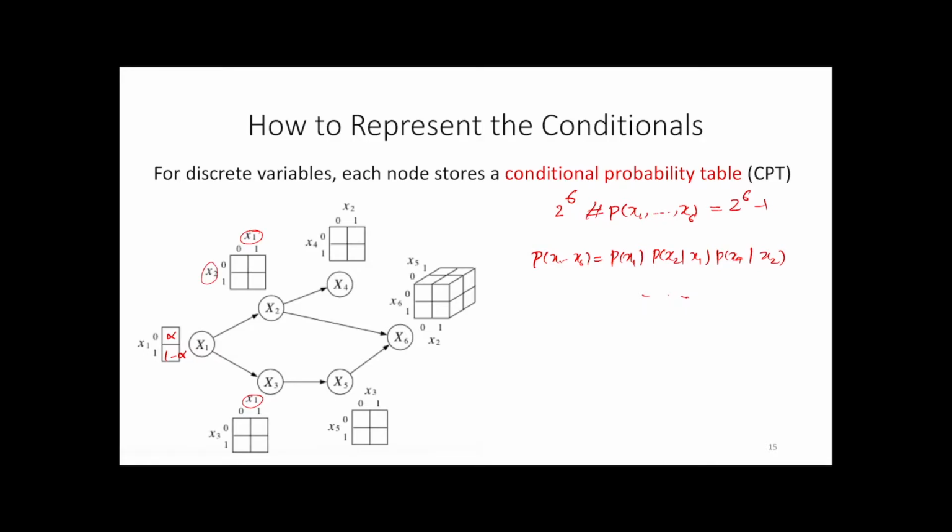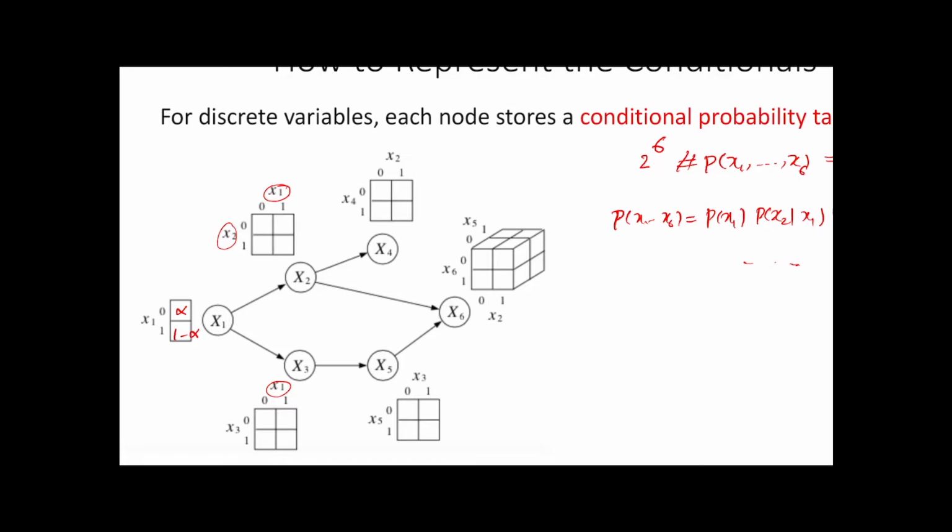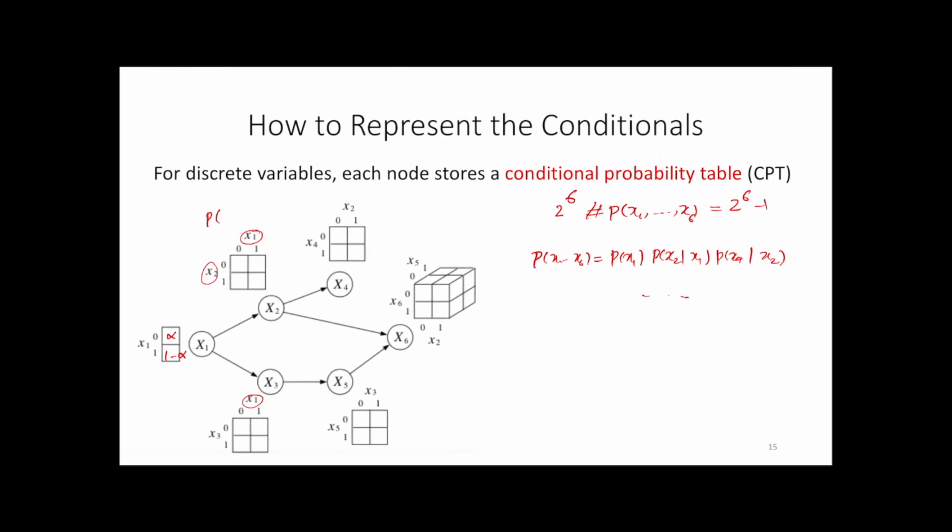Hopefully you can convince yourself that because this is conditional, representing p of x2 conditioned on x1, the sum of the rows should be 1. So here I need beta, 1 minus beta, and gamma and 1 minus gamma. The number of free parameters I need here is 2, here is 1, here is 2 again, 2, 2. And here this random variable depends on 2. So you can view the parameterization; this is basically representing this factor.